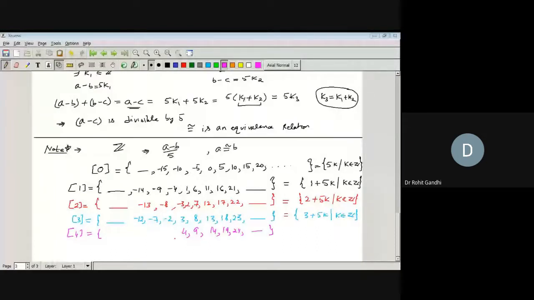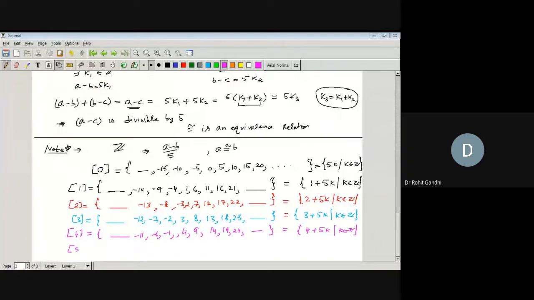And if I go back, this is -1, -6, -11, and so on. So this is 4 plus 5k. Next, what is the equivalence class of 5?